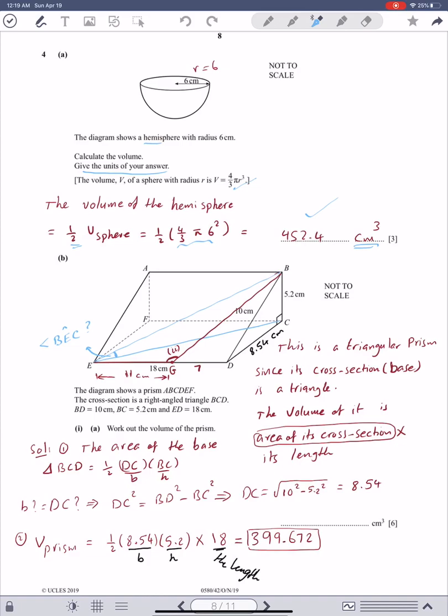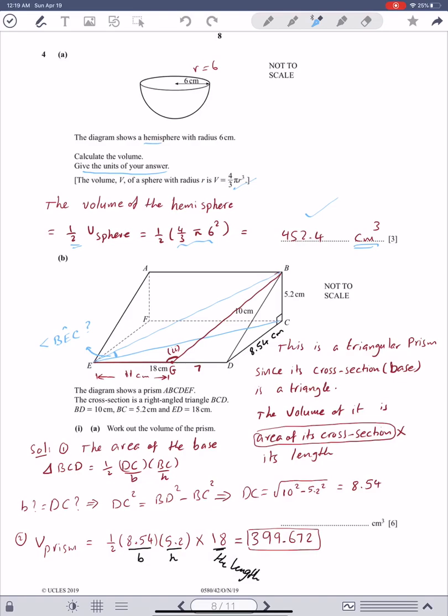So this is a triangular prism, where BD is 10 centimeters, BC is 5.2 centimeters, ED is 18 centimeters. Work out the volume of the prism.